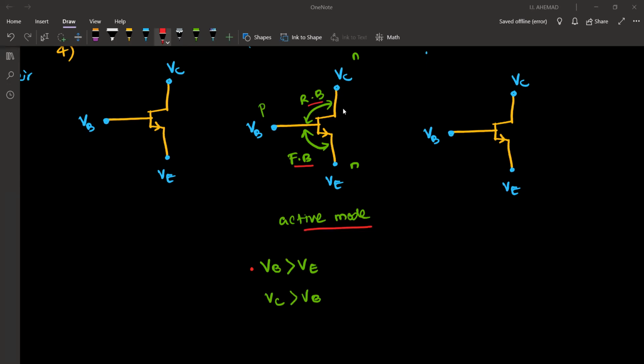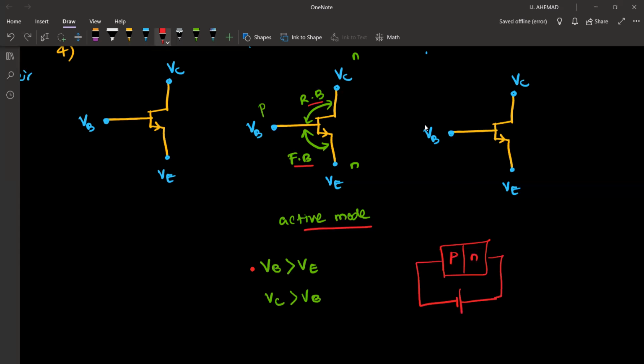Now, this is okay, right? By looking at forward bias, VB has to be greater than VE. That is okay. Now let's look at reverse bias. To have a reverse bias condition for the diode, for the PN junction, for the P region we will connect the negative terminal, and for the N region we will connect the positive terminal.